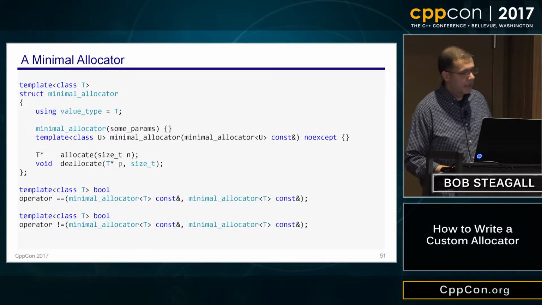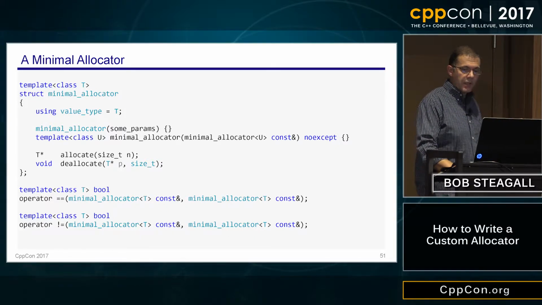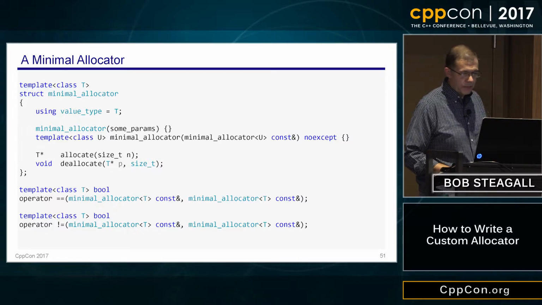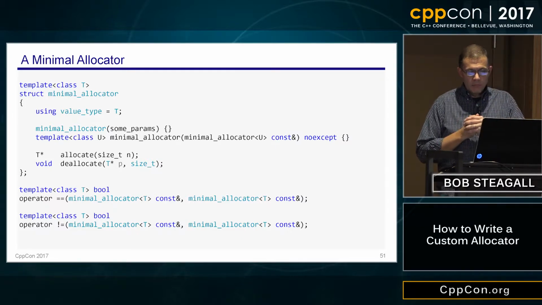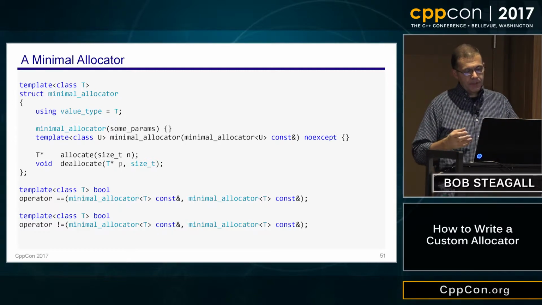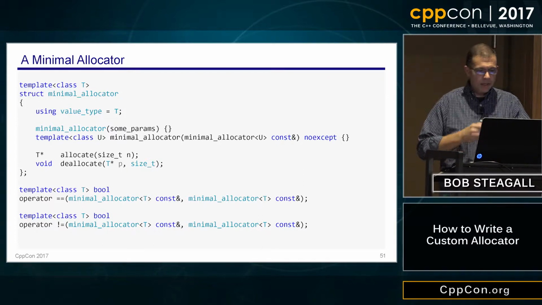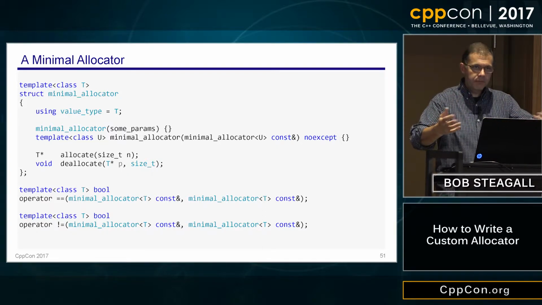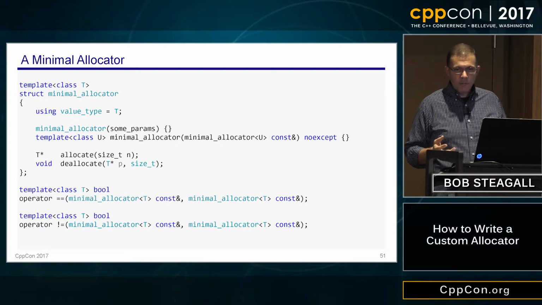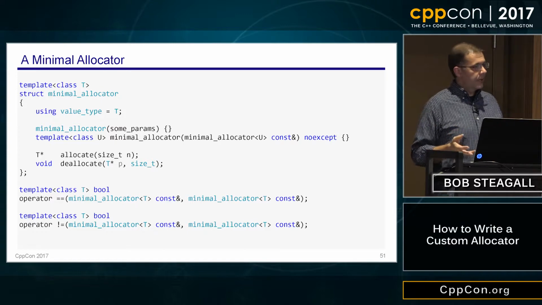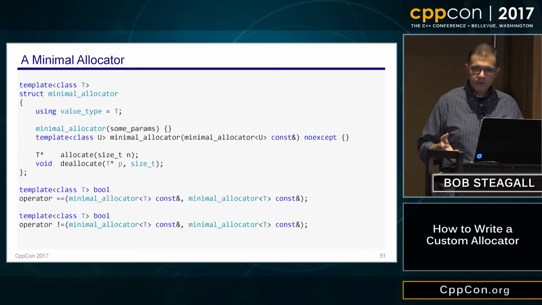This is a stateless allocator. There's no member data. Any specialization can be constructed from any other specialization. And now notice, if we think about this in terms of what allocator traits is going to think about it: allocator traits is going to be parameterized in terms of this, and it's going to have to return some type information to the container. Well, we're interested in the propagation traits, and the propagation traits are by default all false.